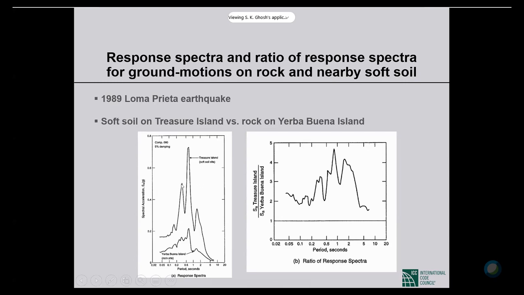If you divide the soil amplification by the rock amplification and plot that as a function of period, you get this history. And the largest number here is almost 5. So the soft soil has amplified rock motion by a factor of 5 or so in this particular case.